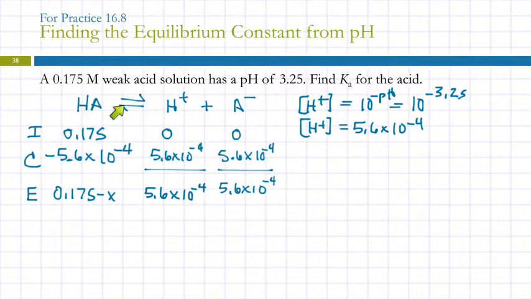So here for HA, we've got 0.175 minus 5.6 times 10 to the minus 4. And so that gives us 0.174. Not very different, but a little bit.